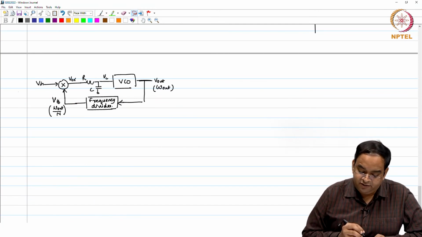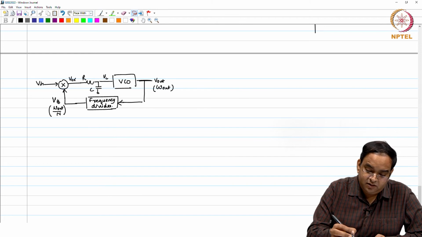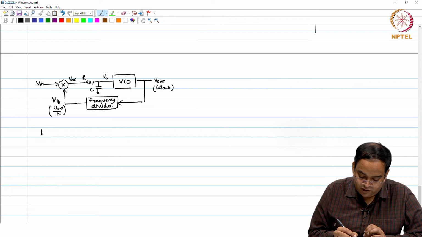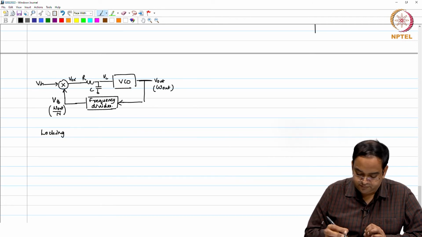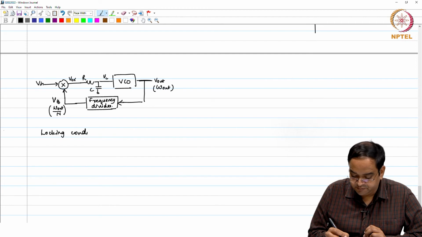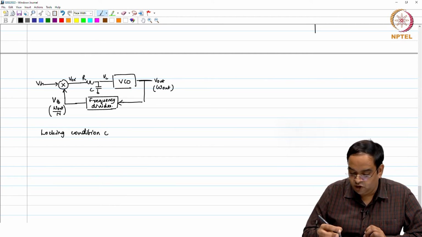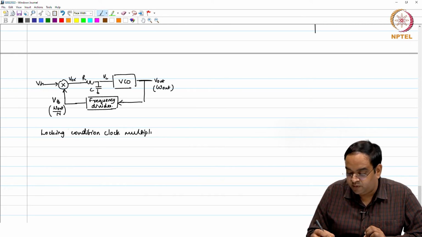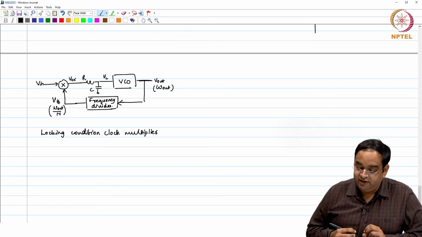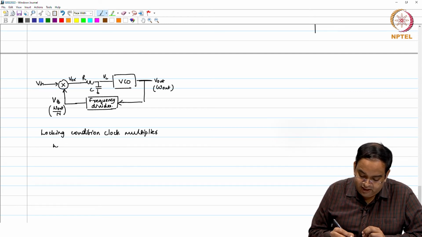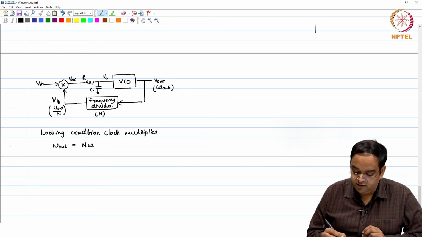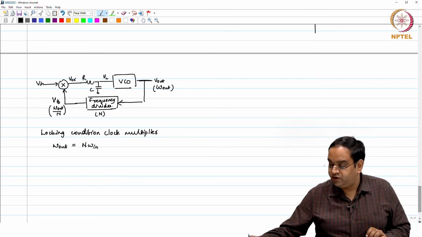So, if I have the frequency divider here, in closed loop, the loop is going to be locked only when the locking condition for a clock multiplier holds. This is also a phase lock loop, by the way. Do not think that this clock multiplier is different from a phase lock loop, it just has a frequency divider in the feedback path. It will have omega out equal to n times omega in if this frequency division ratio is n. You should be able to choose different n.